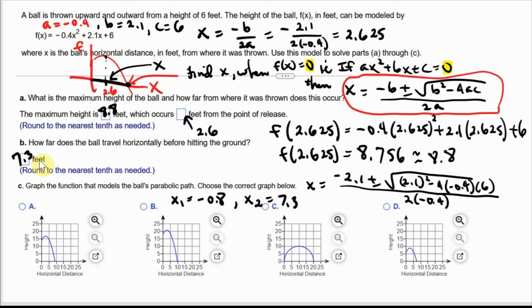Now, let's see if we can get this graph right. So we know that we have a maximum height. The maximum height is 8.8. See, this guy is above 15 for A. That's wrong. This guy is above 20 for the maximum height. That's wrong. This is stupid right here, right? Don't you mark that on your paper. Anyway, so just by default, this is the answer. Well, I mean, that makes sense. The height is about 8.8.